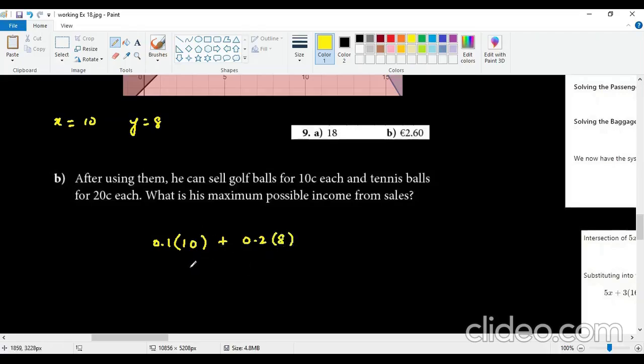Once we multiply this, it's going to give us 1, and this is going to give us 1.6. When we add them together, we get 2.6, or 2 euros and 60 cents. Once we are talking in terms of currency, we'll be using 2.60, which is the given answer in the book.